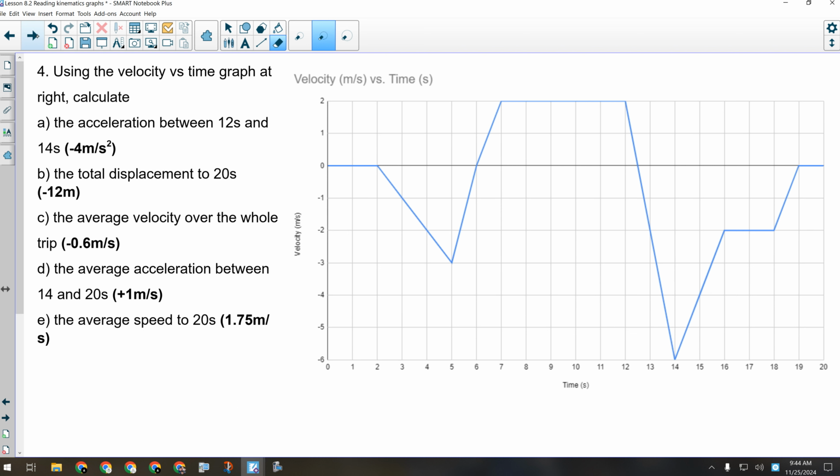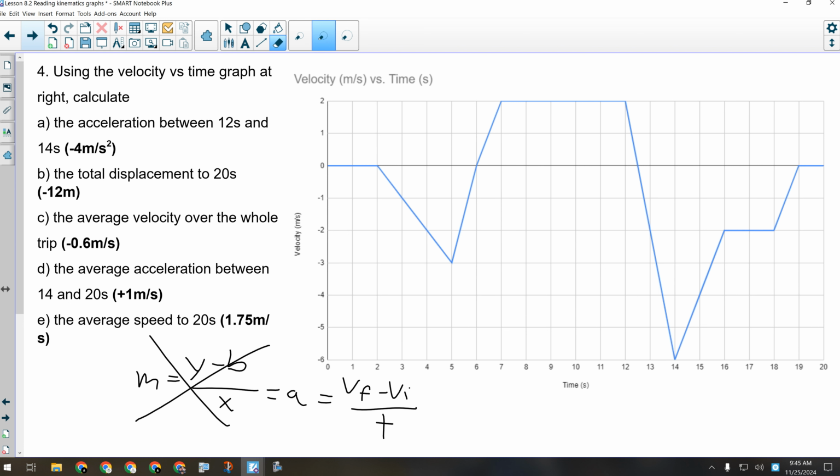Now we learned just a minute ago that on this graph, the slope represented acceleration because it was really just our formula for acceleration. If I have an irregular graph, I can't use this formula because I don't have those numbers.